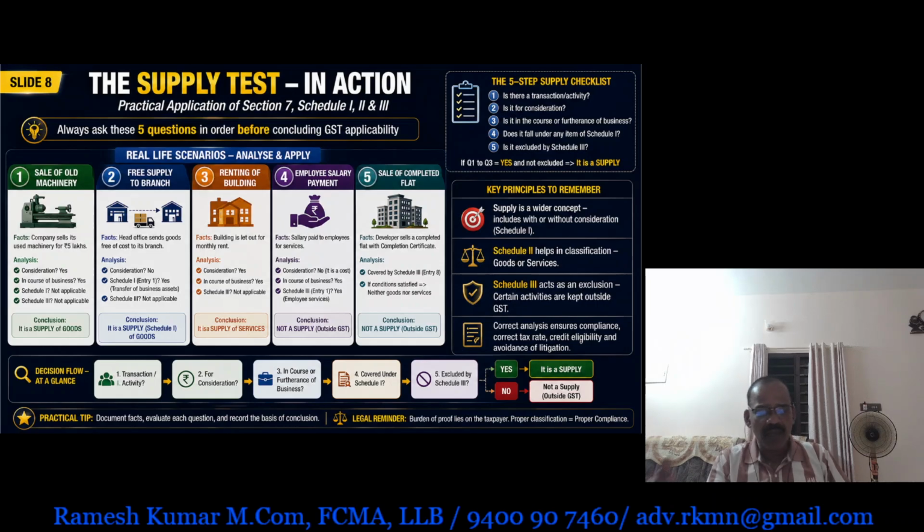Schedule 3 may exclude the transaction from the scope of supply. This is why I say GST analysis should never begin with the tax rate. What to do first? First, apply the supply test as we discussed here.